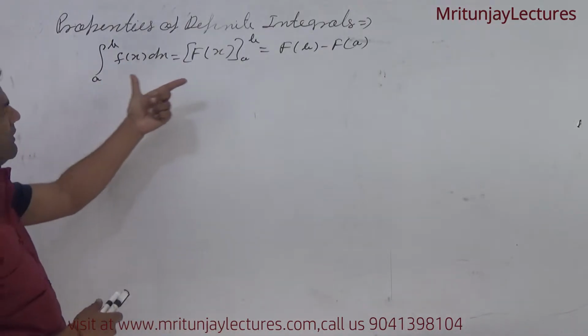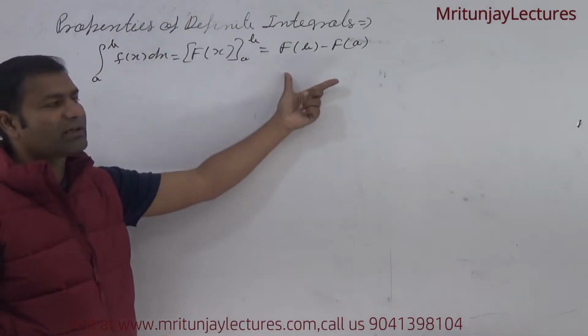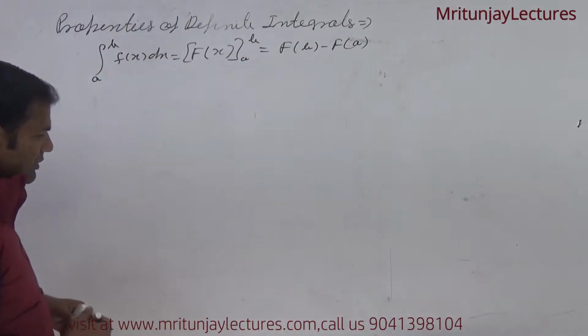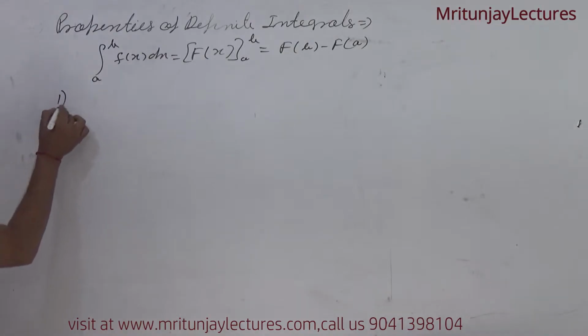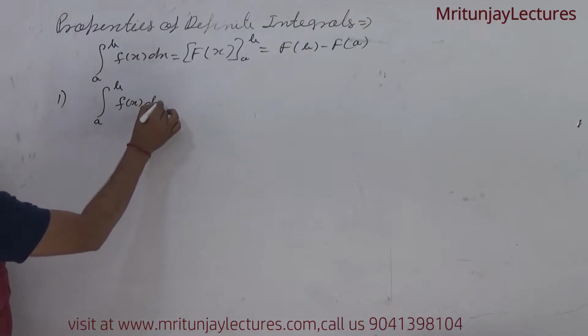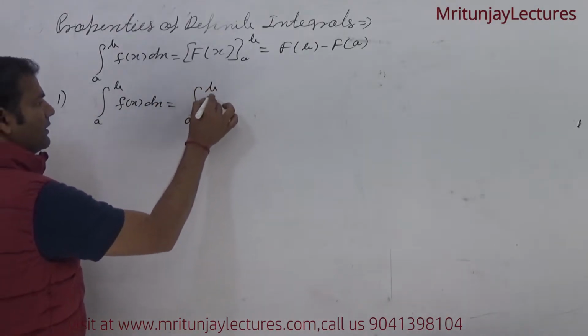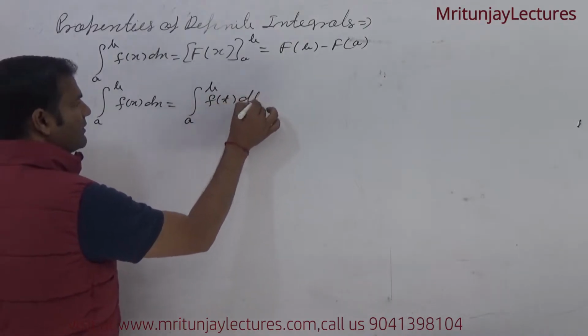Now property number one: if the integral from a to b of f of x dx, then it is also written as the integral from a to b of f of t dt.